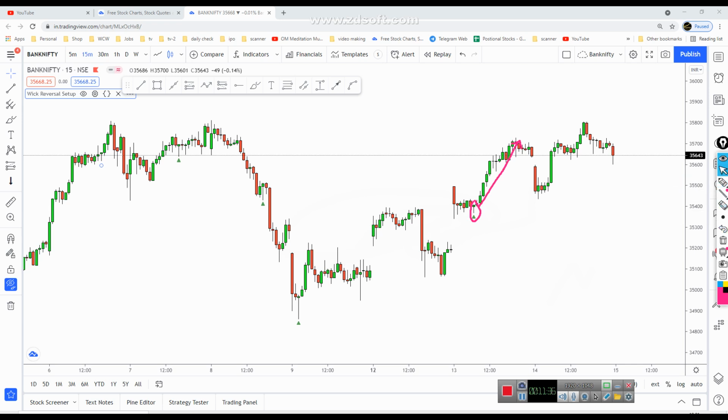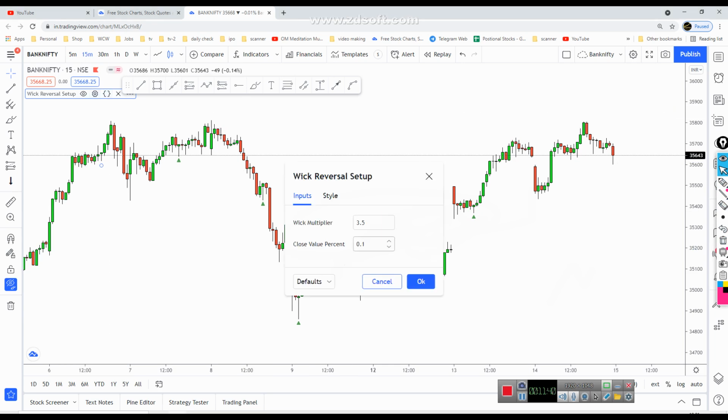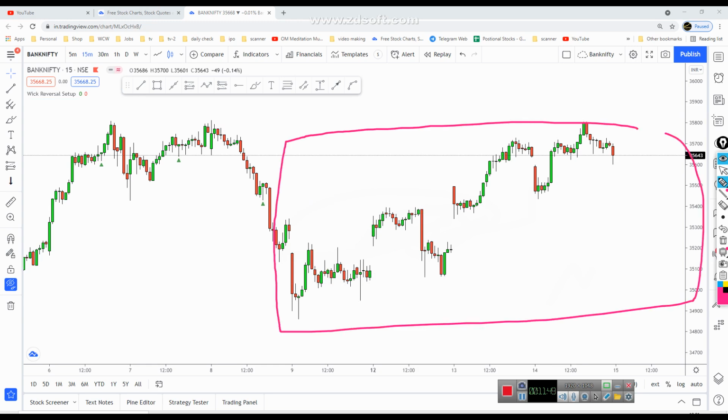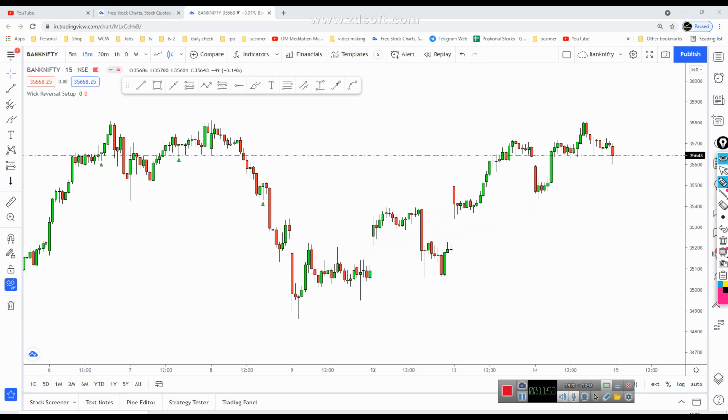Let me change the parameters to 5%, 0.05, and see what will happen. See, the signals are very few. Here there are no signals. Here you have one signal, but the high has not broken, so this entry is not triggered.